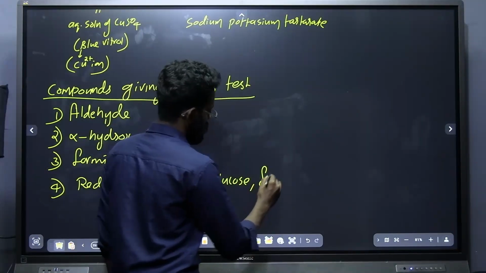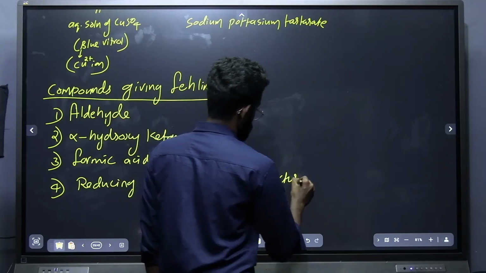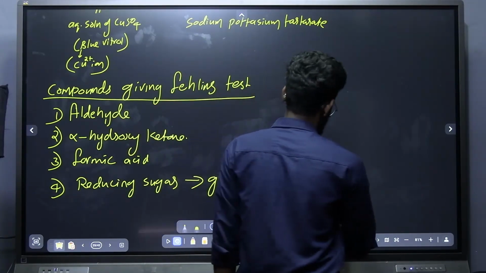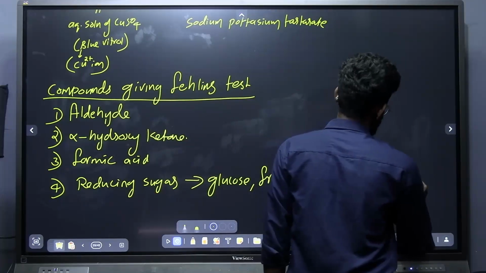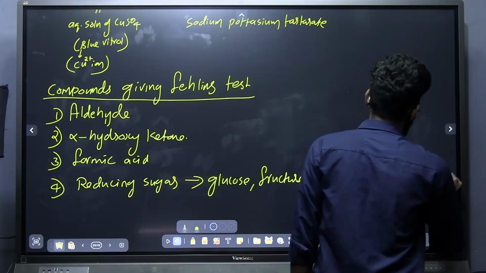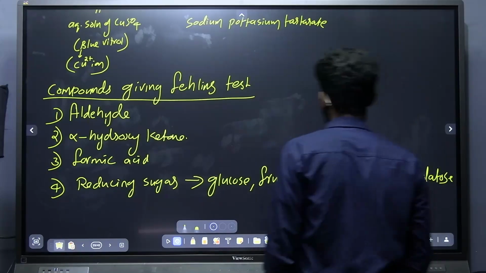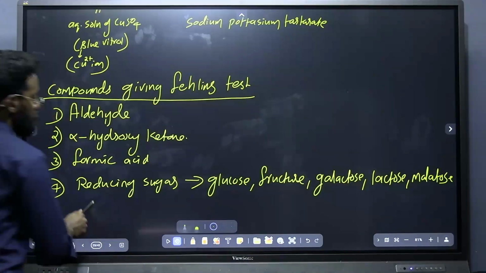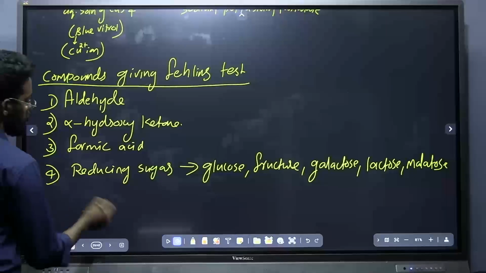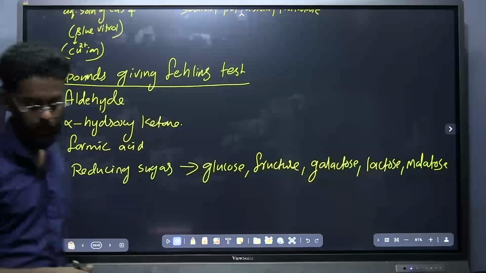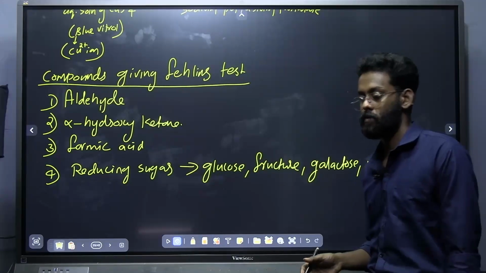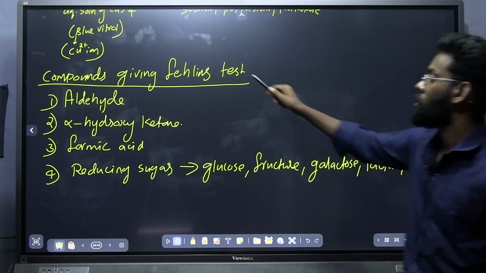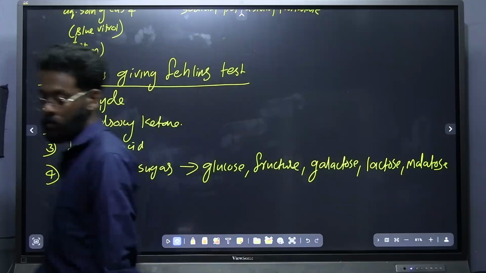Glucose, fructose, galactose, lactose, maltose. These are the important reducing sugars. And what is an example of a non-reducing sugar? Sucrose. Very good. Yes, sucrose. So these are the compounds which will be giving Fehling's test. Note down all these points.